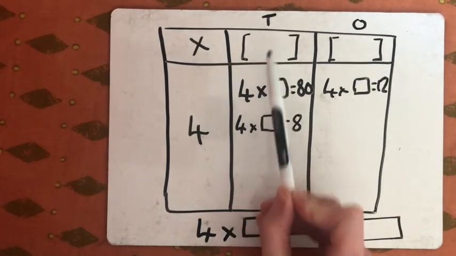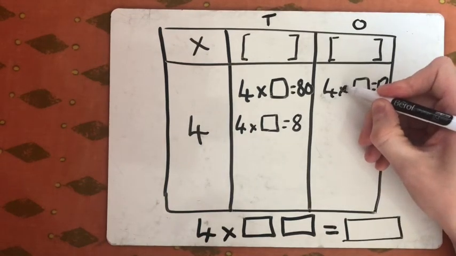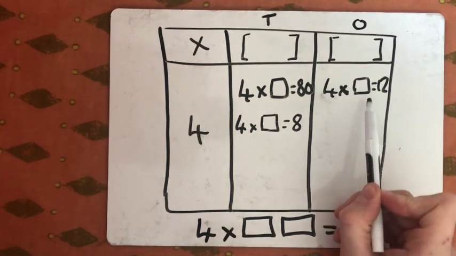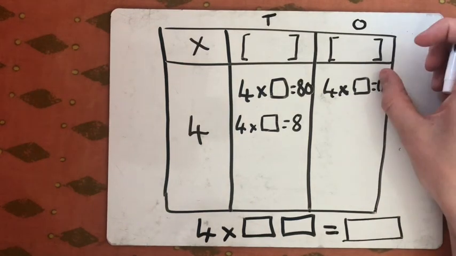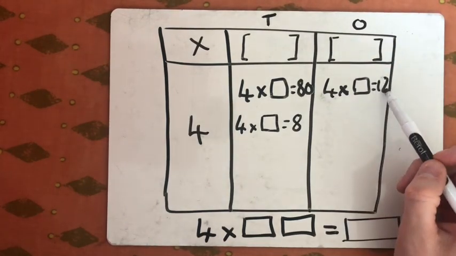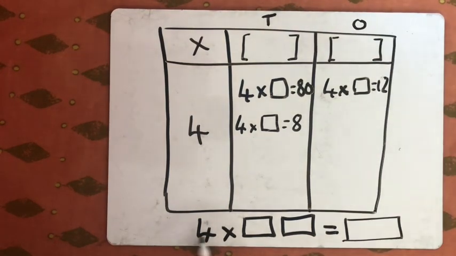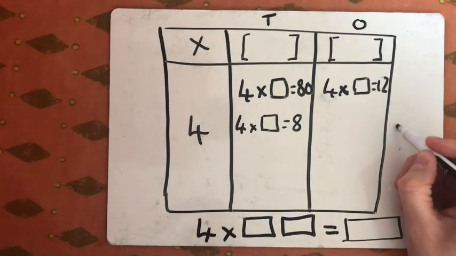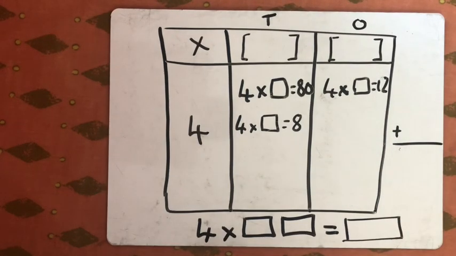Probably means I know that. This one, we've got 4 multiplied by something gives me 12. What do I know is multiplied by something to give me that? And then we can work it out. We can do a quick column to the side to get our answer. And you should have a solution for that, okay?